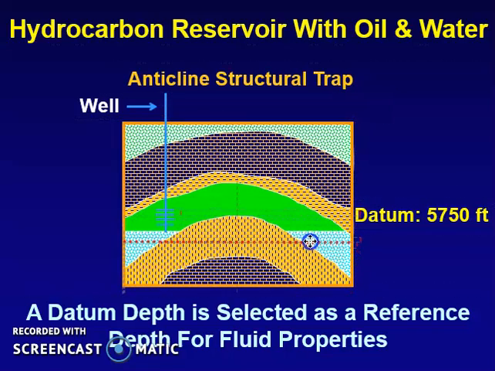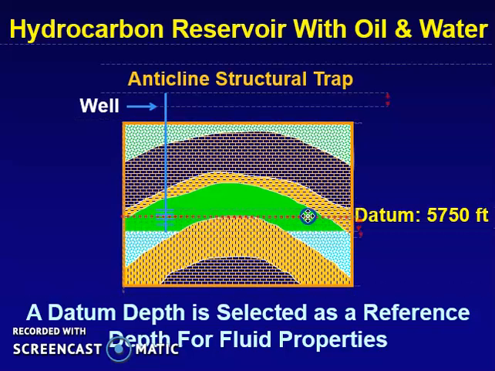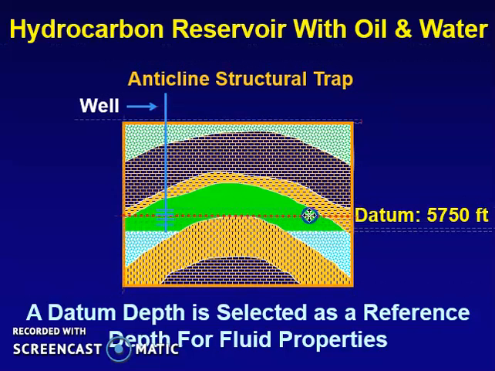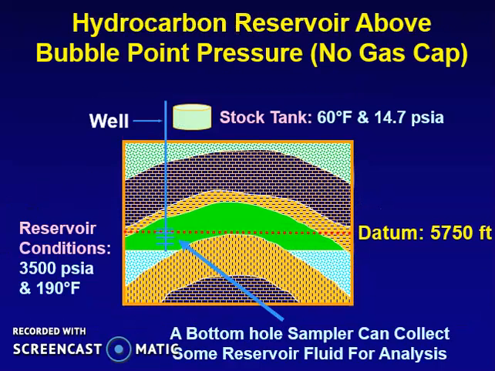But you have to select a datum, which is basically a reference for your fluid properties. Later on in other courses, you will learn how to use that datum. The datum, for example, in this example is at 5,750 feet, and the reservoir condition at that point is 3500 psi and 190 degrees Fahrenheit, which is a very high temperature.